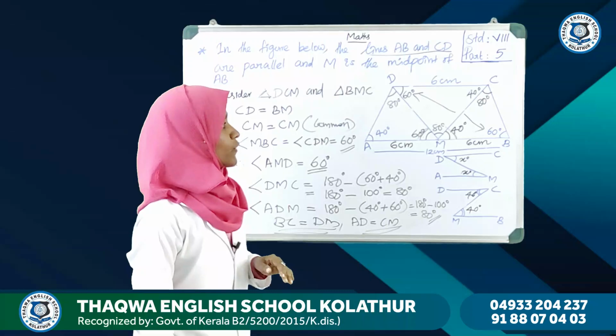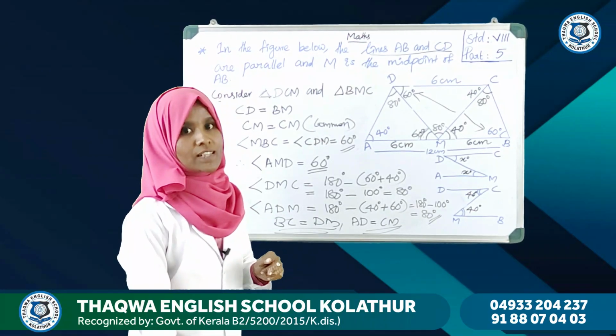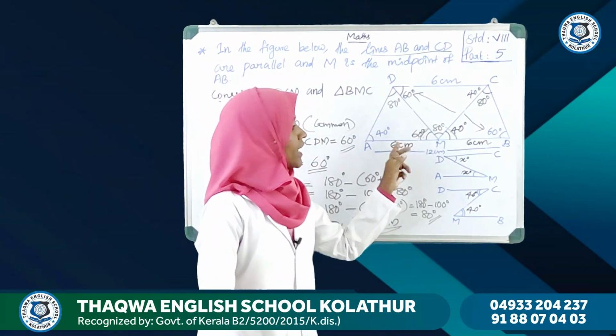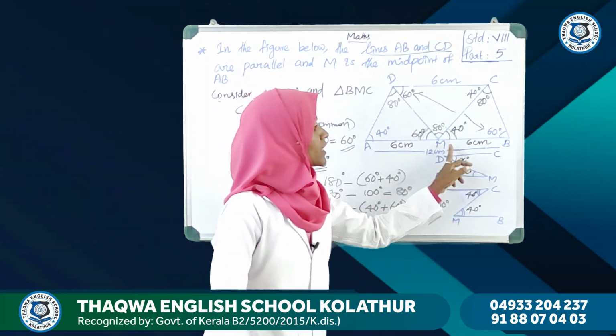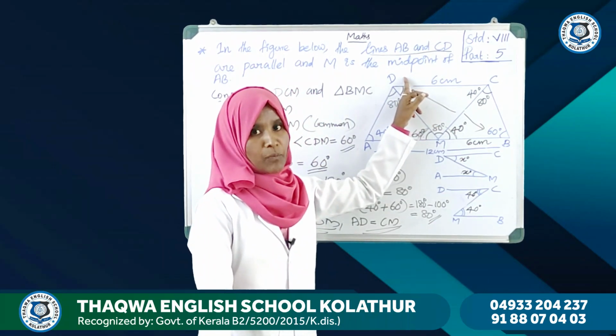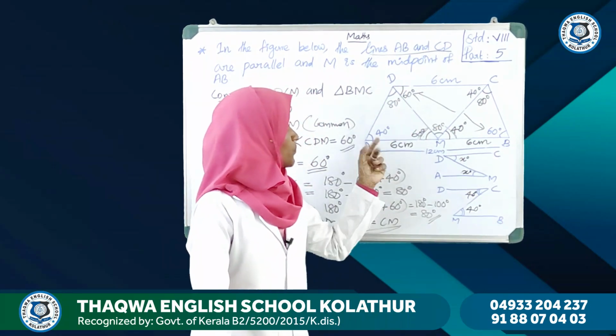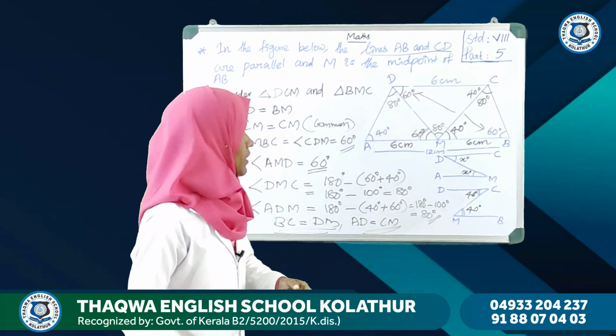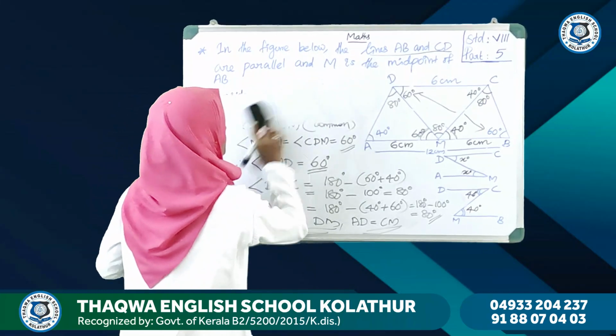So our first part is over. What is our first part question? Compute the angles of triangle AMD and triangle BMC and triangle DCM. Okay, what are the angles? 40, 60, 80. Now let us discuss our second part.